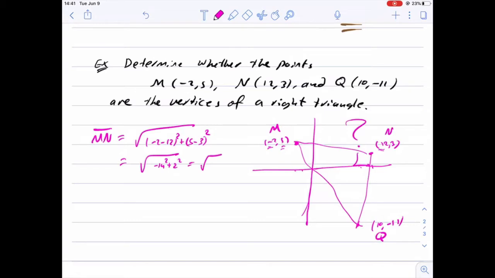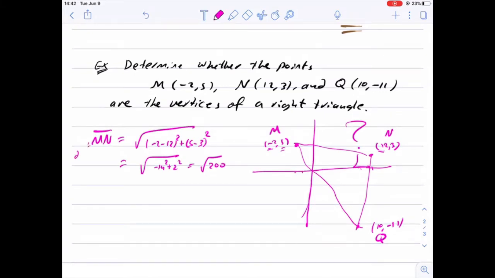This is the square root of 200. I should write this using the notation that I presented above, MN, the distance between M and N.